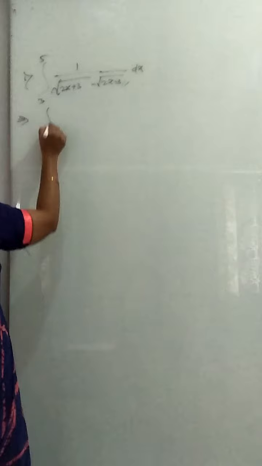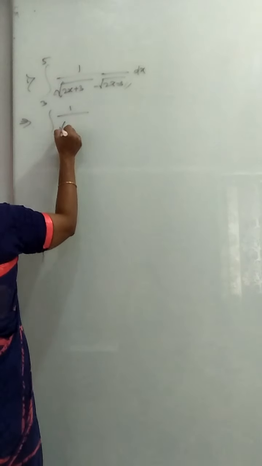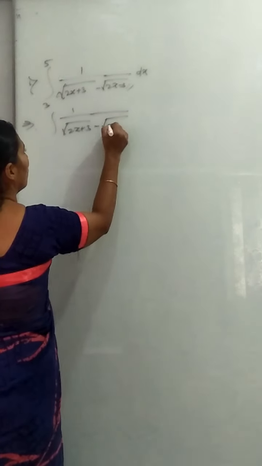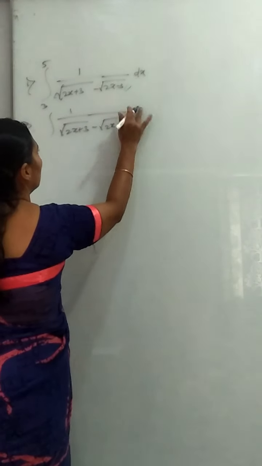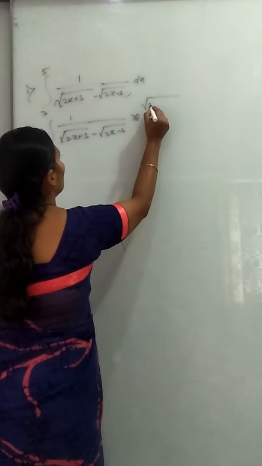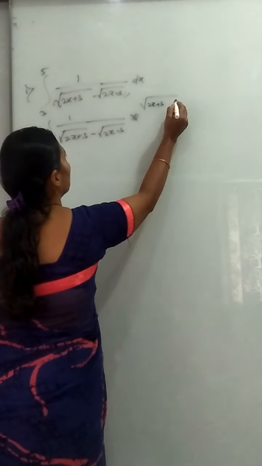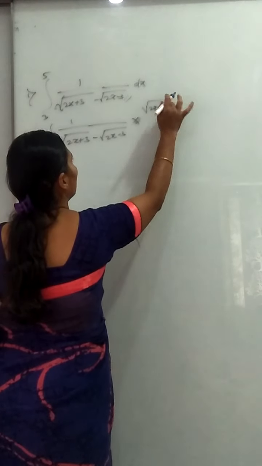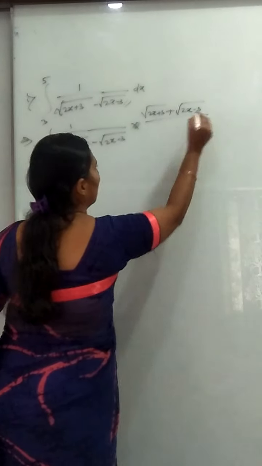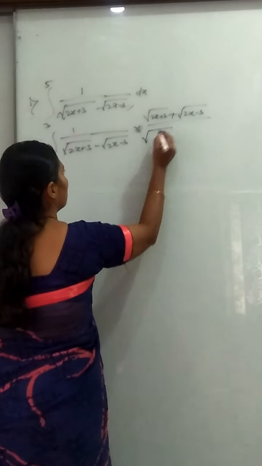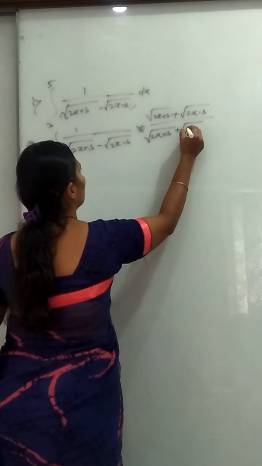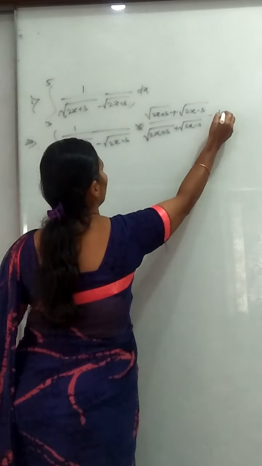Then our example becomes the integration of 1 upon root of 2x plus 3 minus root of 2x minus 3, multiplied by the rationalizing term, root of 2x plus 3 plus root of 2x minus 3, and the same term in the denominator, dx.